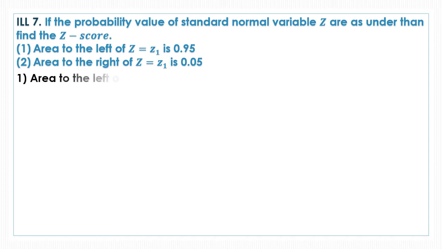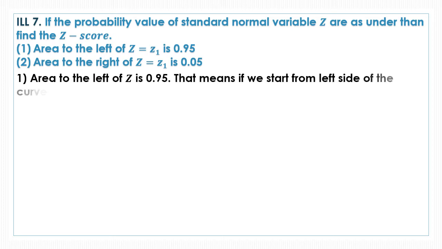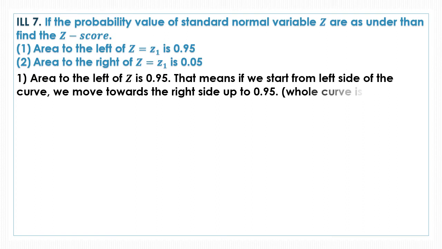Area to the left of Z is 0.95. That means if we start from the left hand side of the curve, we move towards the right hand side up to 0.95 value. Now we need to remember here that the whole curve has the value 1, and the left hand side and the right hand side parts of the curve have the value 0.5, 0.5.